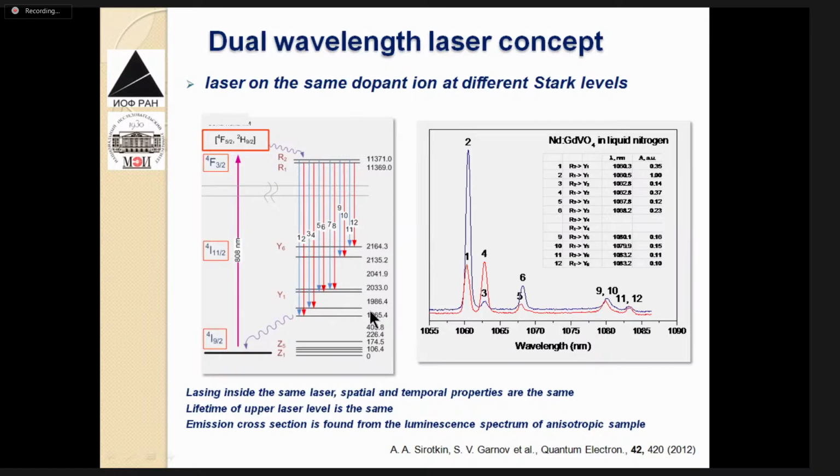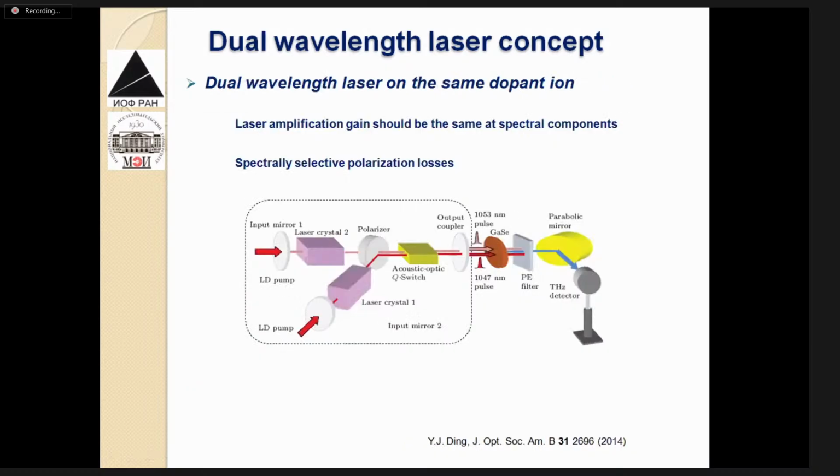For example, there was work on neodymium in vanadate crystals, where the authors used a specially oriented vanadate, as it is an anisotropic crystal, so that the oscillation at 1060 and at 1067 nanometers had about the same emission cross-section, and in this case it was possible to obtain two wavelength radiation in this system.